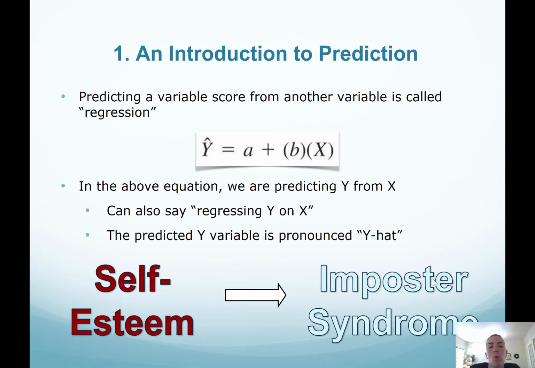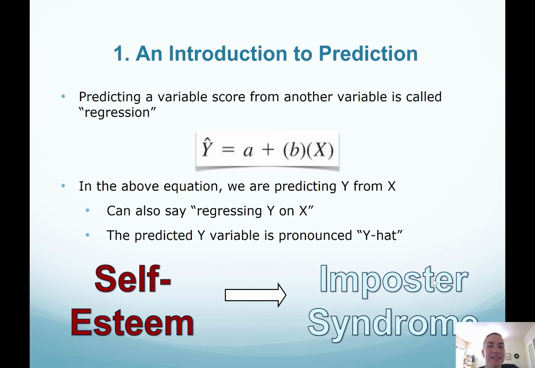And you might notice that the y here in the formula looks a little funny because it has a little caret on top of it. We call that y hat. And it's different from y because this is a predicted value for y. So the predicted y score, not necessarily the observed y score, but what we predict y will be, is called y hat. This formula might also look familiar to you.